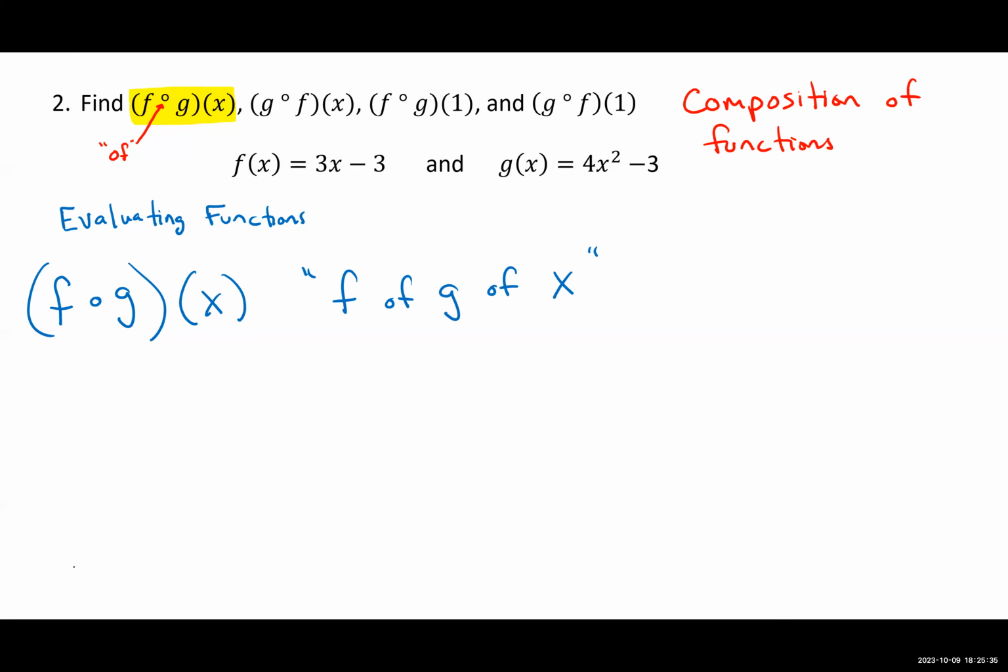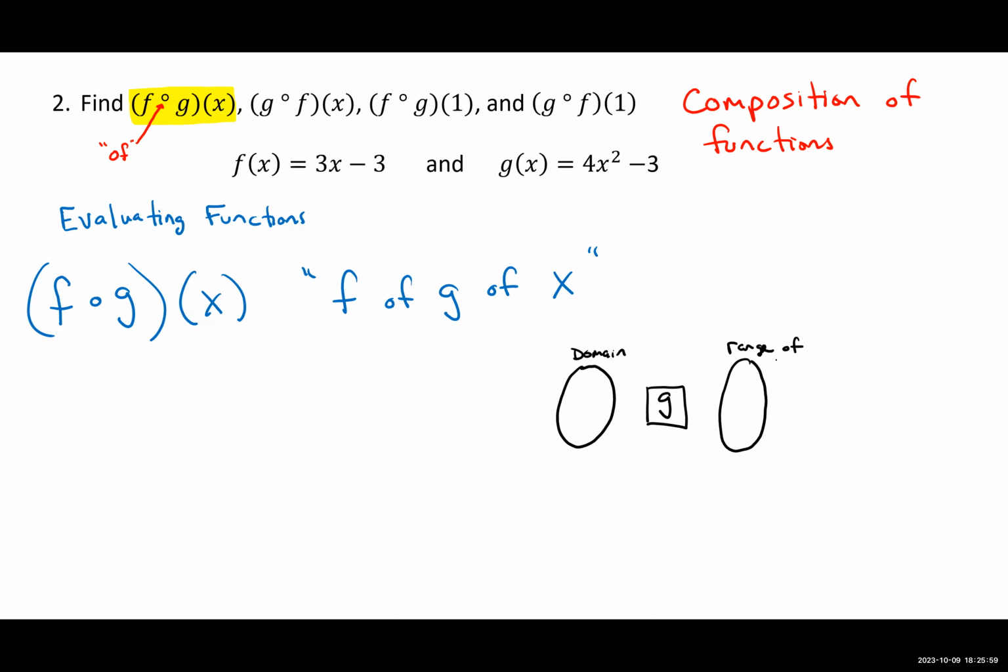Now, if we think of a function as being an input-output machine, we could have this set of numbers. This is called the domain of the function. And then I'll put the G function here. And then this would be the range.